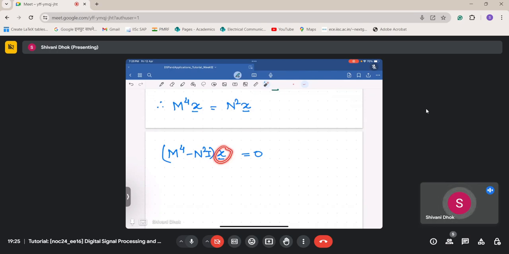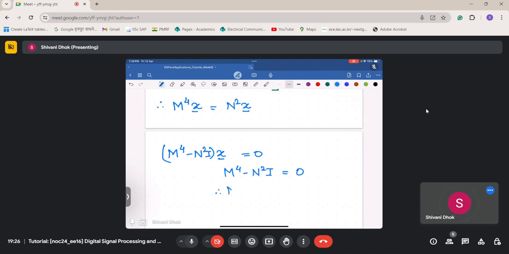So this x can be non-zero, this x may not be an eigenvector of m to the power 4, and if that has to be true, then this m to the power 4 minus n square I should be all zero matrix.